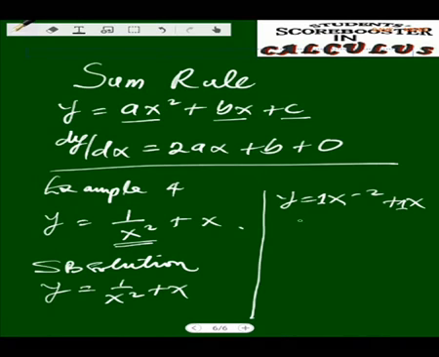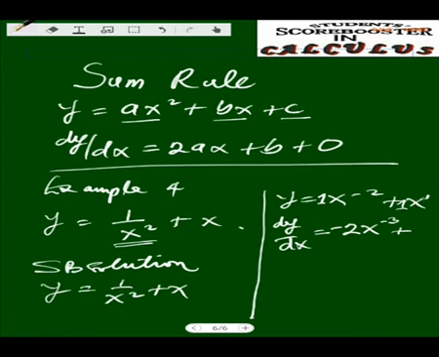If I differentiate this one now, dy/dx will be equal to 1 times minus 2, which is minus 2, then x to the minus 2 minus 1, which is minus 3, plus what is here is also 1.